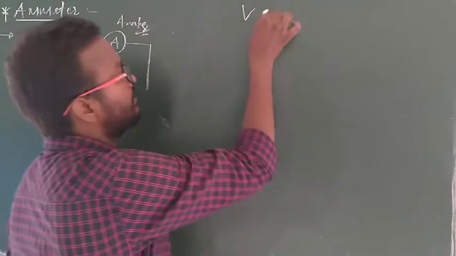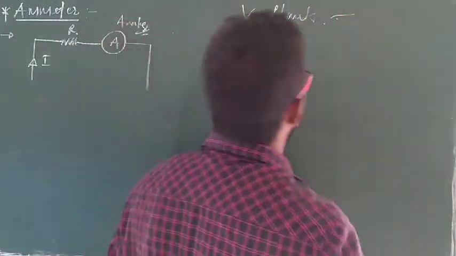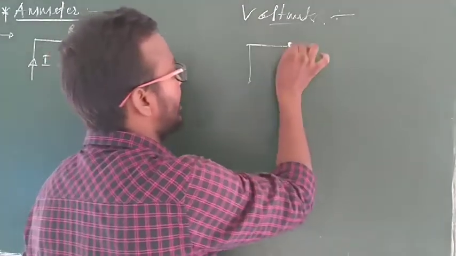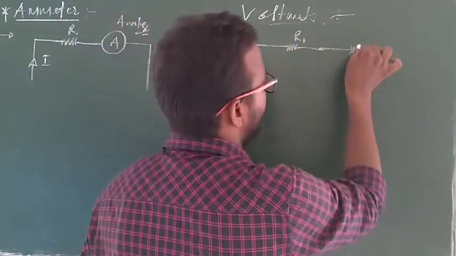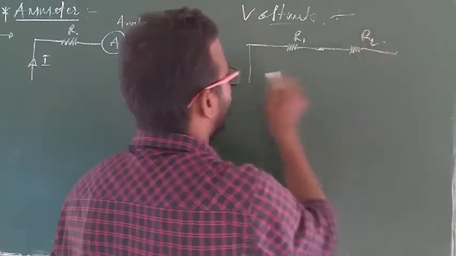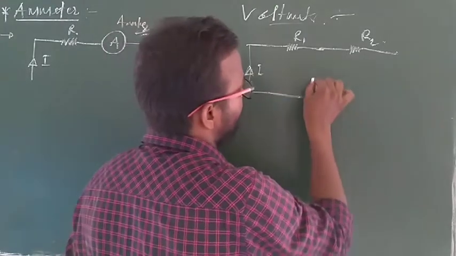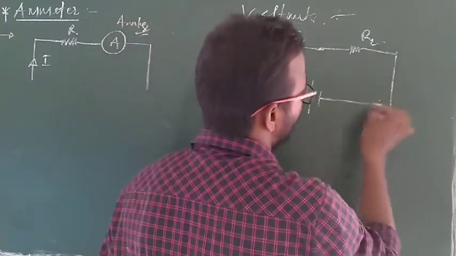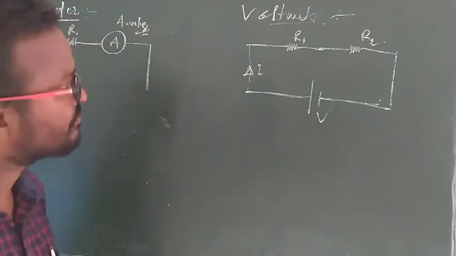What is a voltmeter? It is also an electrical instrument. Suppose we have a resistor R1, and another resistor R2, and the current flowing through the circuit is I, and these two resistors are connected across a potential difference of V volt.